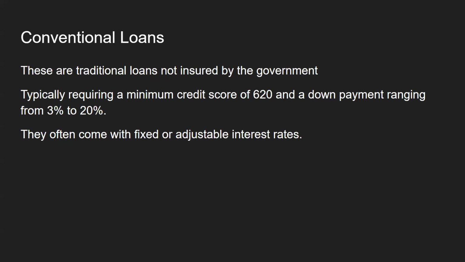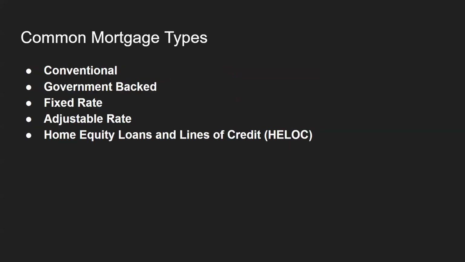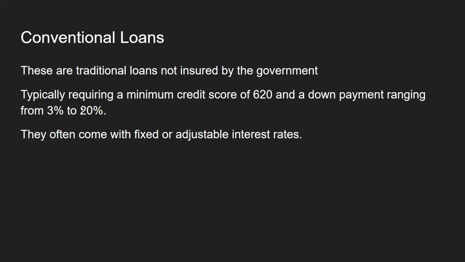So remember, I went over the types of mortgages. You have conventional, government backed, and then you have fixed or adjustable rate. A fixed or adjustable rate basically tells you whether or not the interest rate is going to be steady throughout the loan. So a conventional loan can be fixed or adjustable, right?